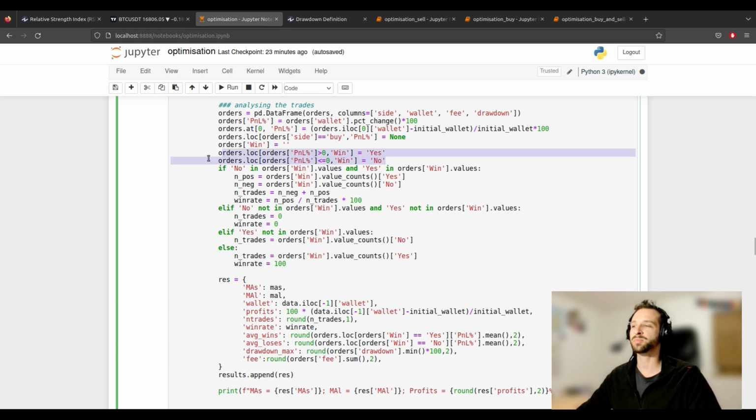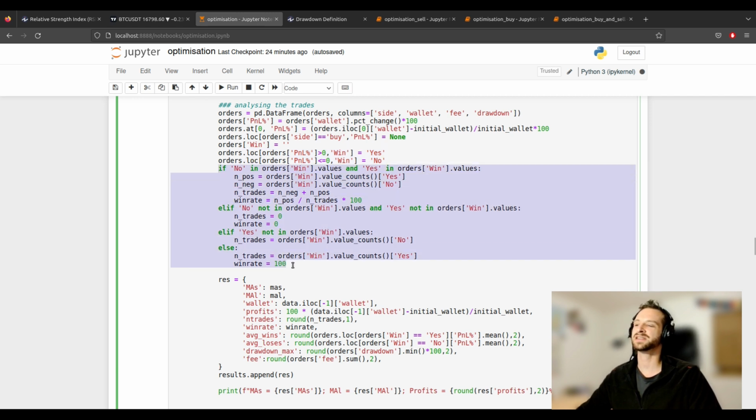Given this, we will compute whether the trades were successful or not. Let me mention that this if-else structure is necessary because sometimes you will get to some corners of the parameter space, where the short-term or the long-term moving average is such that no trades happen and therefore the code would bug. So this is just there to deal with that.